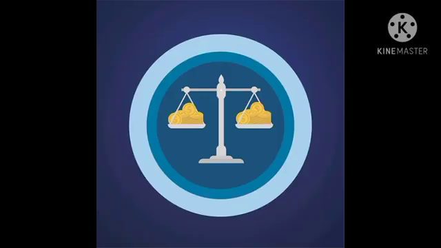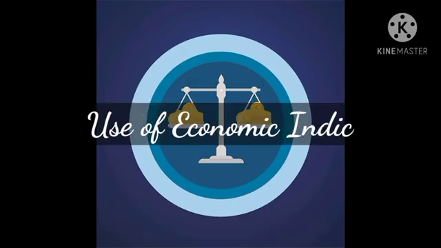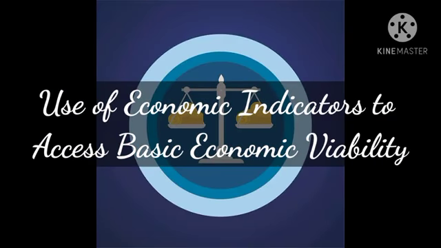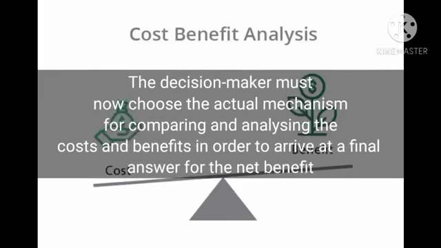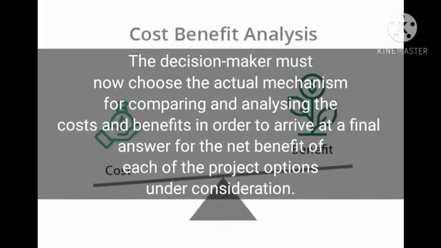The next one is the use of economic indicators to assess basic economic viability. Here, the decision maker must choose the actual mechanism for comparing and analyzing the cost and benefits in order to arrive at the final answer for the net benefit of each of the project options under consideration.